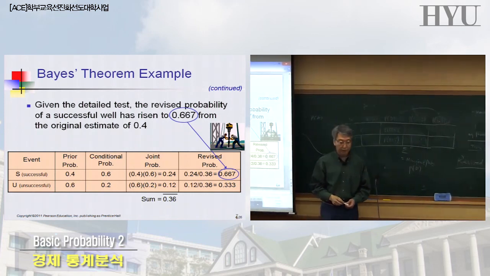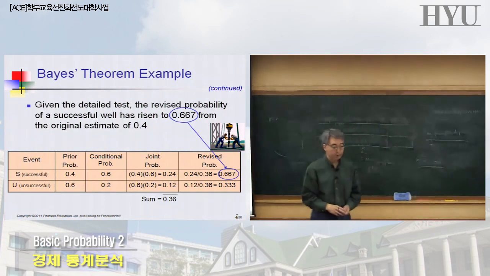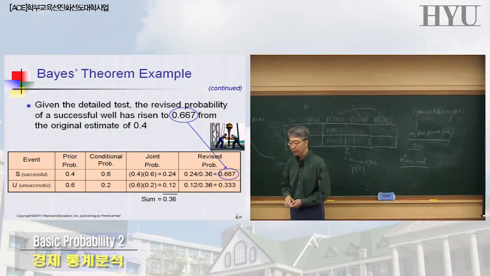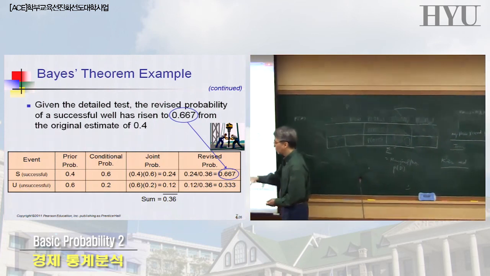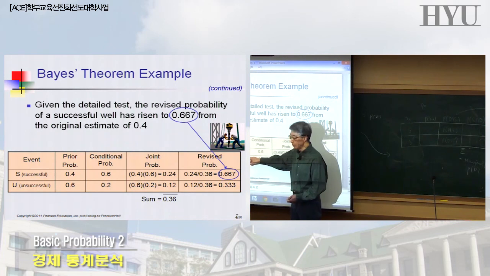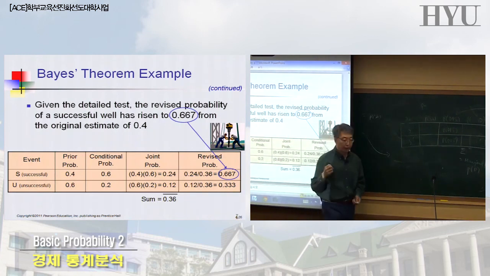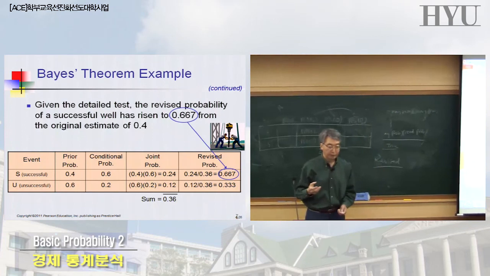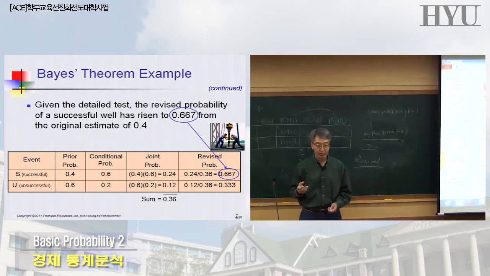So I guess the test helps in this case. We're trying to invest millions, maybe hundreds of millions of dollars. Without this additional information, we had very crude information, the simple probability of success and not success. But then, can we use another piece of information to refine that prior probability?